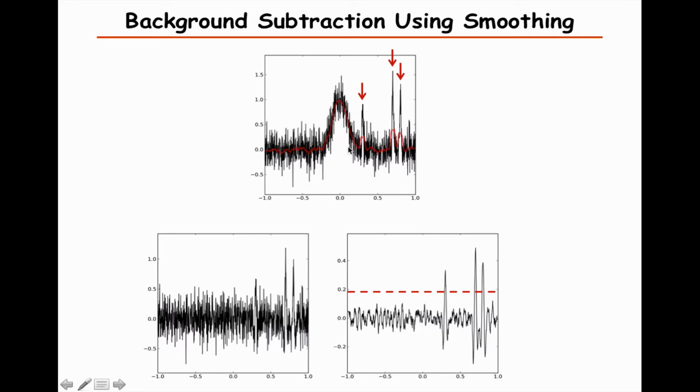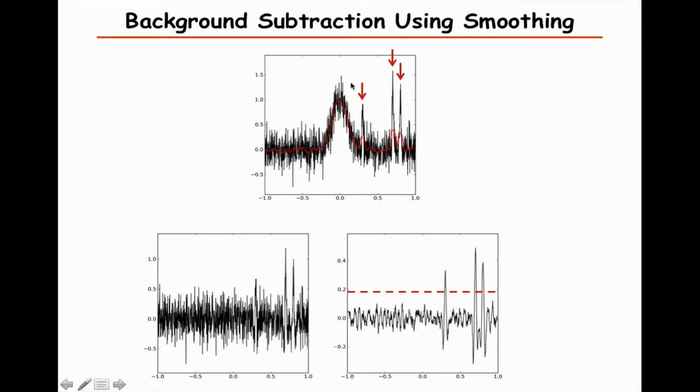So if we now subtract this red line from here, we get this situation where we have the 3 peaks, but it's very noisy. After smoothing, we get the 3 peaks, and we can set a nice threshold to detect just those. As you see here, around these 3 peaks there is an overshoot, where it goes down to negative when we do this.